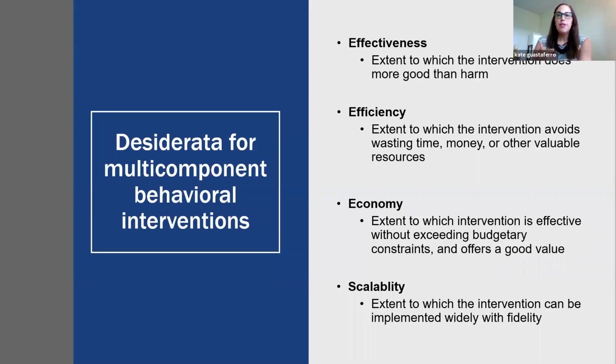So an intervention scientist adopting the MOST framework, like any other time, is after an intervention that is effective, of course, but also an intervention that is efficient, so it avoids wasting time, money, or other resources, an intervention that is economical, meaning that it's effective without exceeding budgetary constraints.